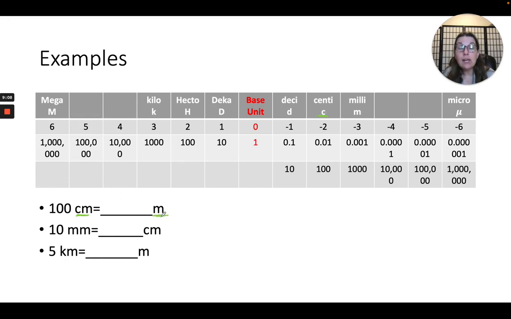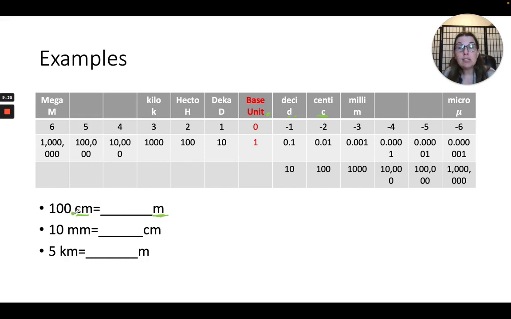And then this is where I'm going to, over here, I'm going to meters. So I'm going to put my pencil on the centi, and I'm going to travel to meters, which is the base unit. And that takes me 1, 2 places to the left. So I'm literally starting here, and I'm following the path until I hit the base unit. And because I went 1, 2 places to the left, that's exactly what I'm going to do with the decimal point. Now, if there's no decimal point here, you assume that it's right at the end of the number.